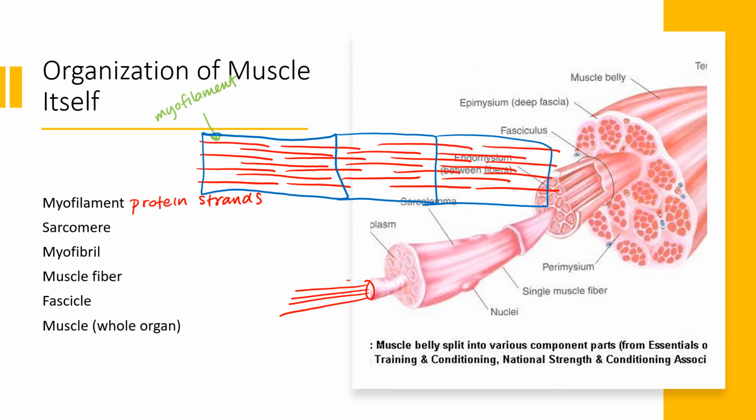Each one of those is considered to be a discrete contractile unit, the most basic contractile unit of the cell, which is a sarcomere. Bundles of these lined up end-to-end sarcomeres are called myofibrils.